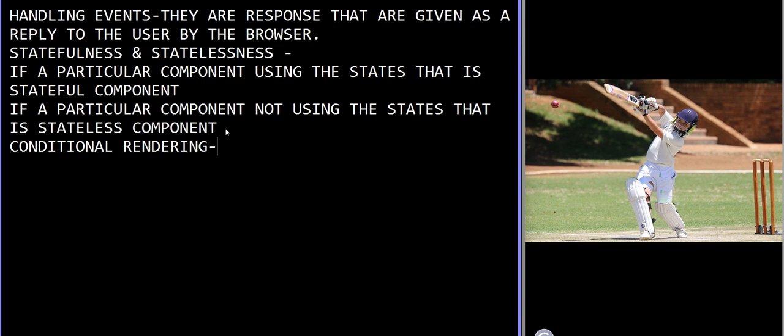If the condition is true, it will execute one function. If it is false, it will execute another function. Here we are using a condition, and then we are using a function to render. A program will render compulsorily while executing, but conditional rendering checks for a condition before rendering.